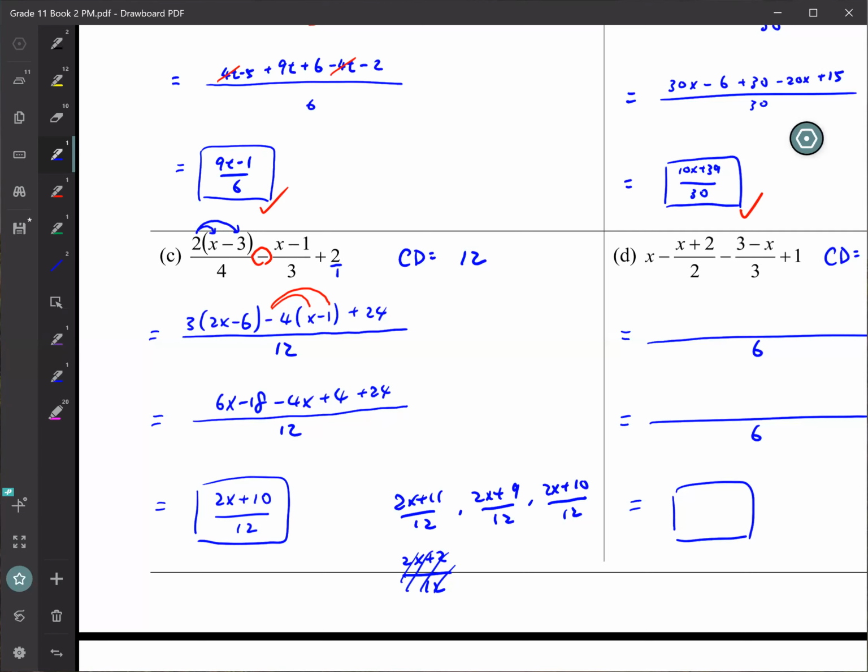Can anyone tell us what else we need to do? If you leave it like this, it's 95%. You have to simplify. How do we simplify more? 2x plus 5 over 6. So you mean you cross out the 10 and the 12 like that?